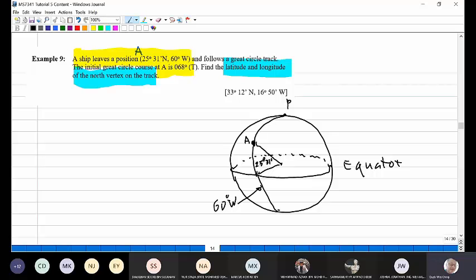Although the angle, actually, I have a quite big angle here. And you follow the track, 68°, follow the track there, 68°. So this is A, so follow to the North Pole. So you want to move along this direction to somewhere. Let's say, I don't know where it is.